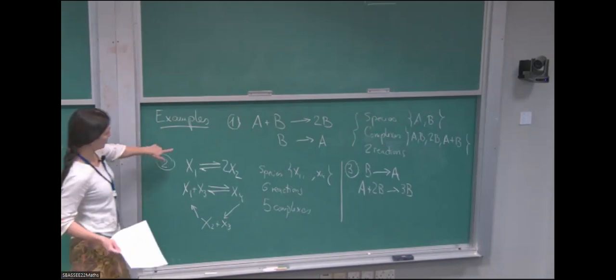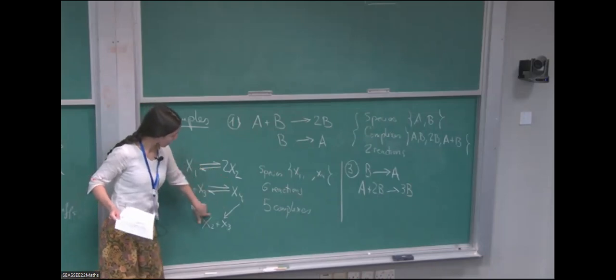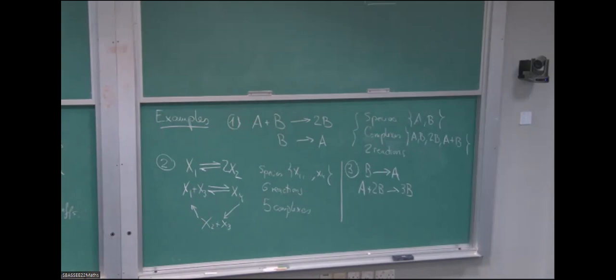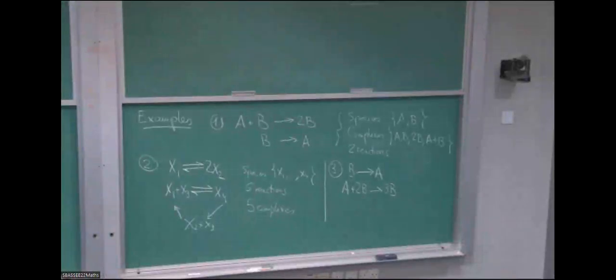I have 1, 2, 3, 4, 5 nodes. So the nodes are complexes. Some of them appear in several reactions, so they will be the reactant in some reaction, but also the product. It will depend on how I label them, and this can change depending on what's convenient for me.